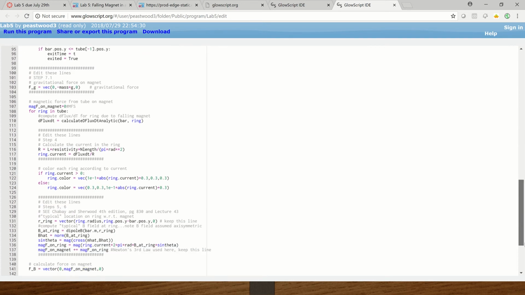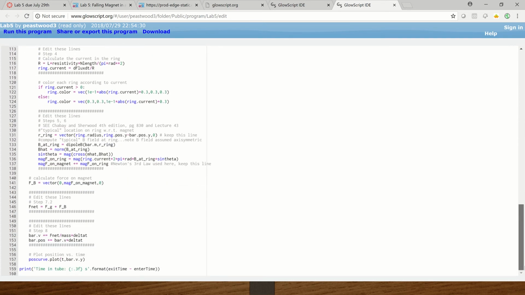So the main parts that are very important here are the things that are going to be updated. The net force is changed by both gravitational force and magnetic force. And then this net force is plugged in to find the updated velocity, and then the updated positions.